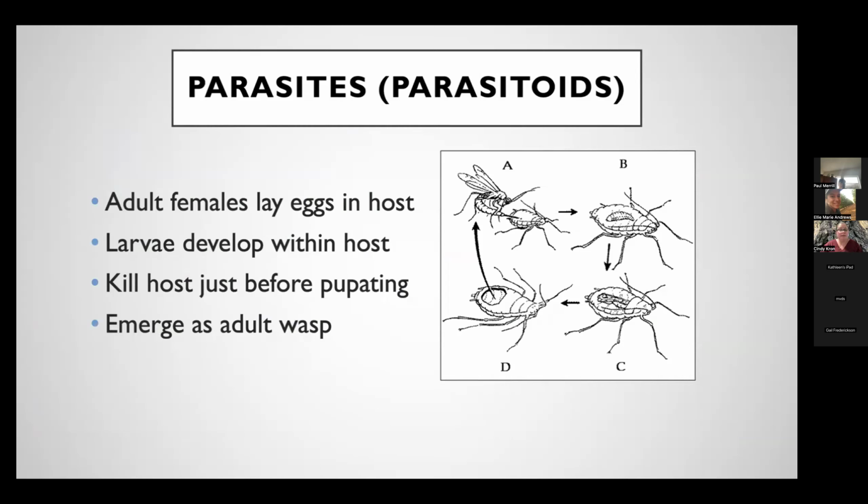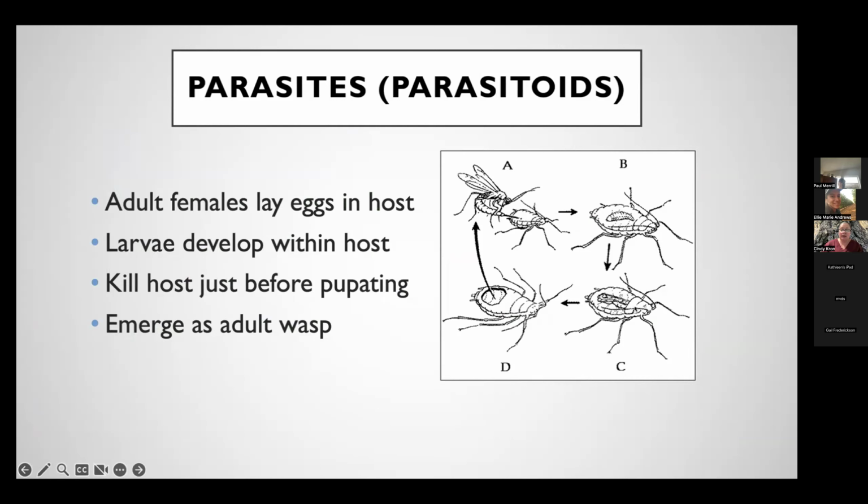Adult females will lay their eggs in the host when we're talking about parasitoids. Here the female is laying her egg inside of the host. This will be our aphid. That larva emerges from the egg and then eats the inside of the aphid and grows larger. It will then pupate inside of the aphid.